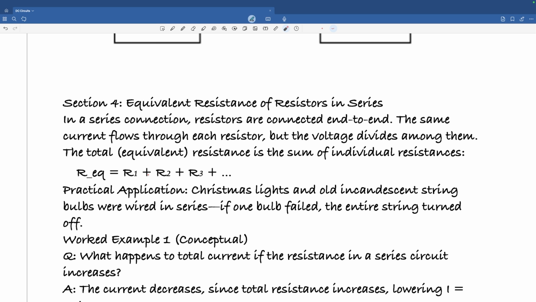Now, just like old Christmas lights, if you were to wire light bulbs in series, then we have a problem. Because if one light bulb fails, the entire string turns off. So with this, we understand that the home wiring circuit, or in school or in offices, wherever, it's not in series, because you want to individually turn on and off different light bulbs and different appliances.